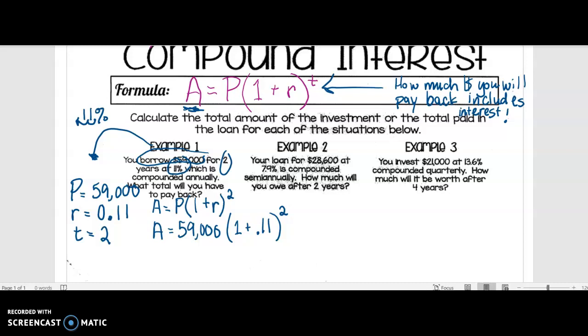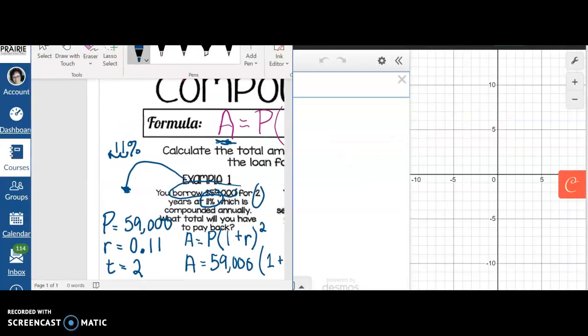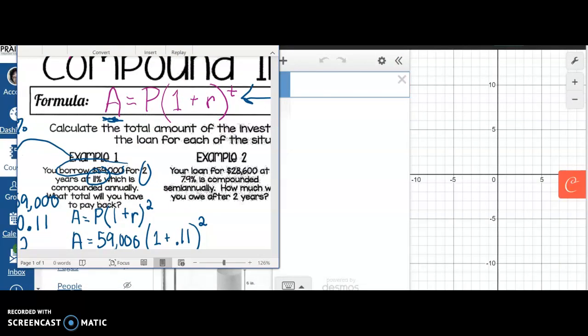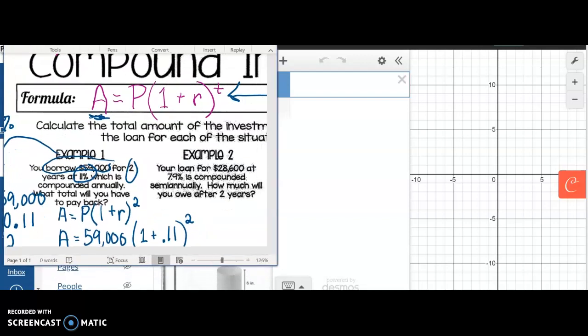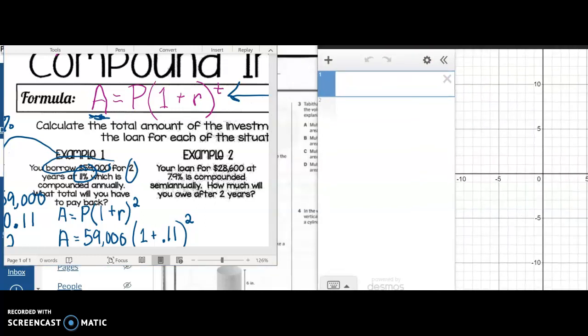There we go. No, there's no I in this formula. Um, that's a good question. Give me 1 second and I will answer that, okay?